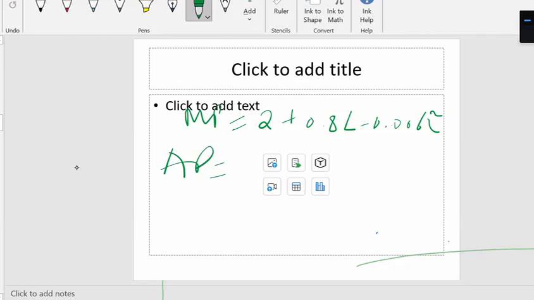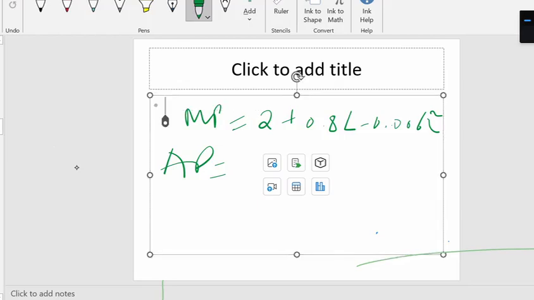The formula, do you remember the formula? What is the average product? Total product over labor. Total product over labor.